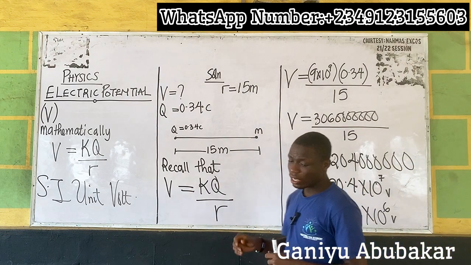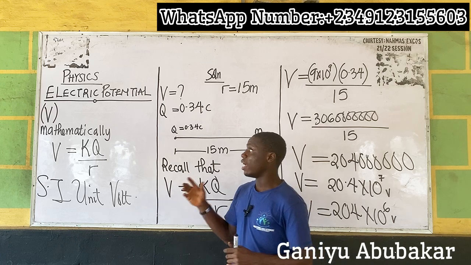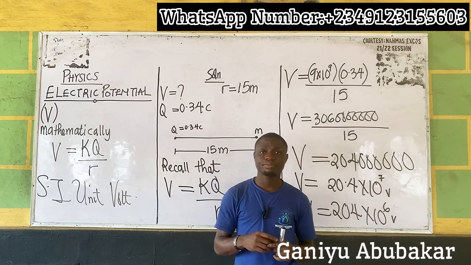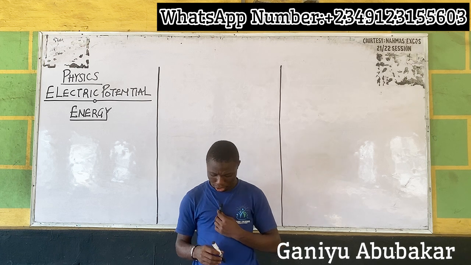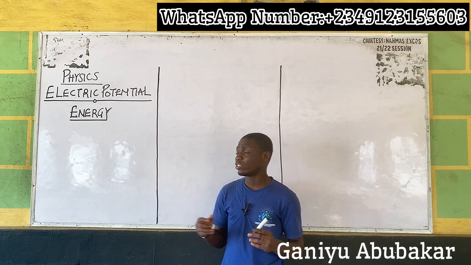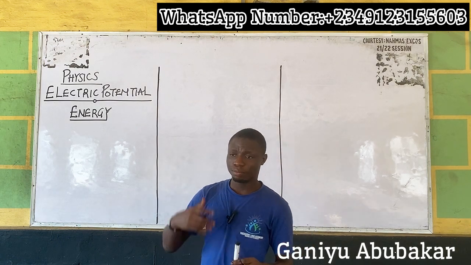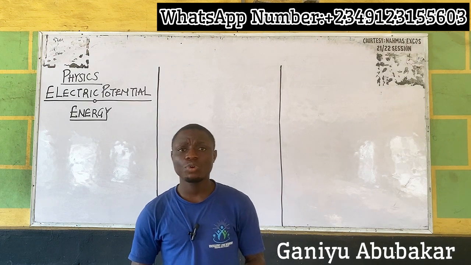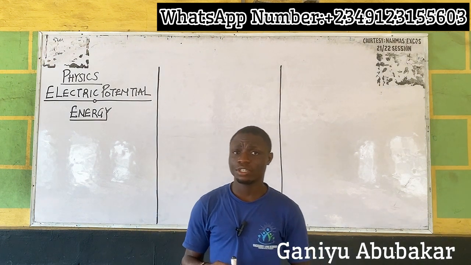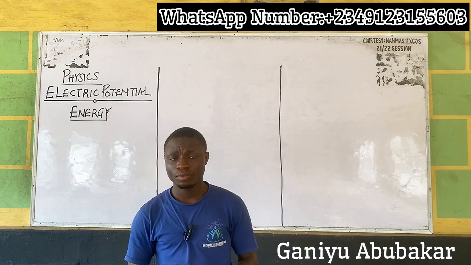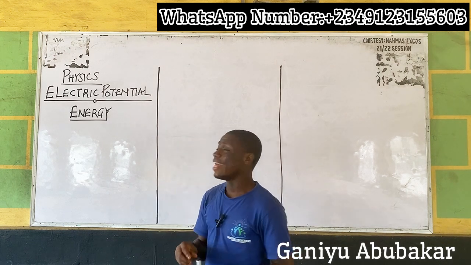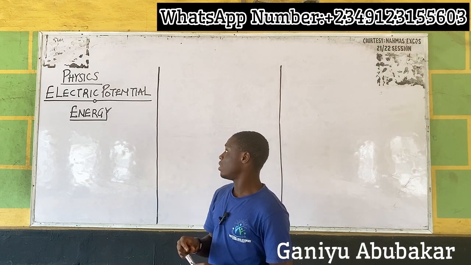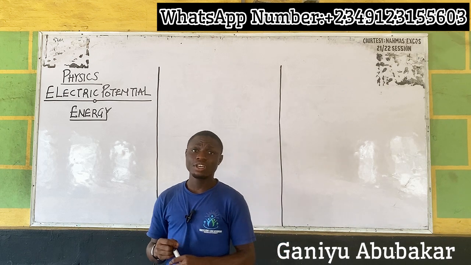So let's proceed with other concepts in the study of electric potential. Let's do electric potential energy. Let's move to the next concept called electric potential energy. What's electric potential energy? By definition, electric potential energy is also called electrostatic potential energy.